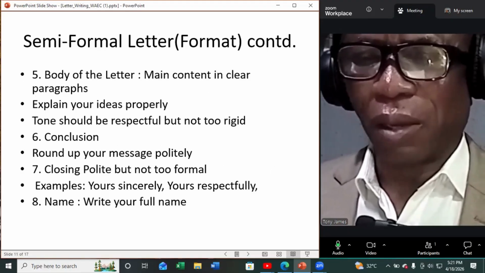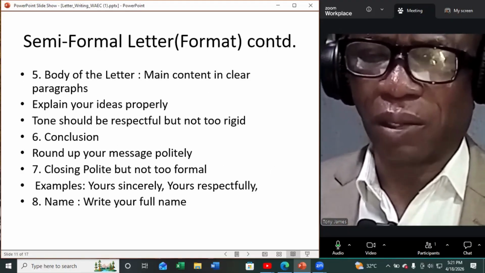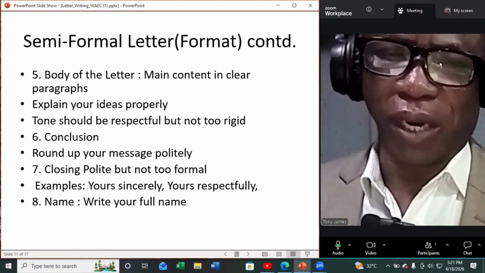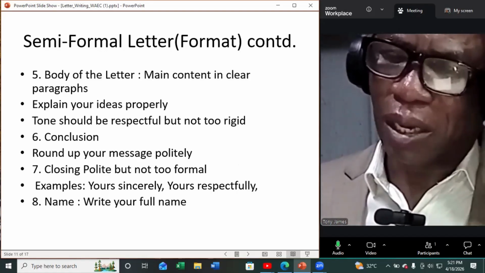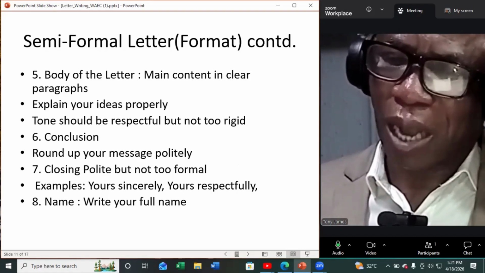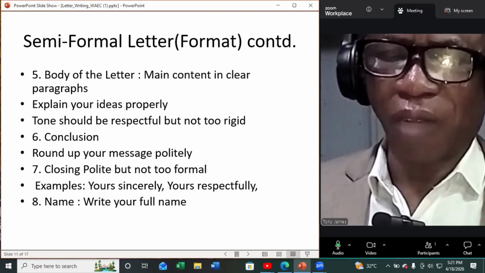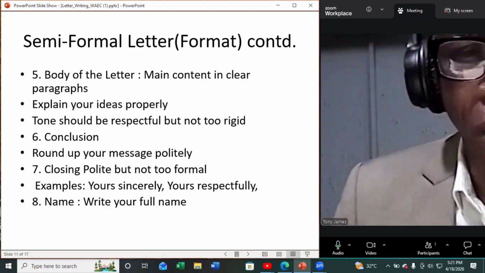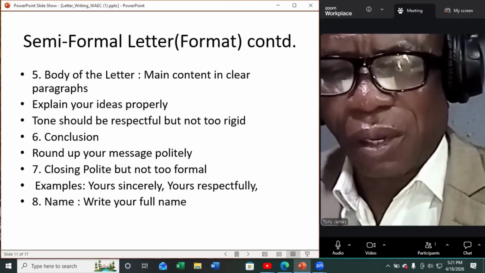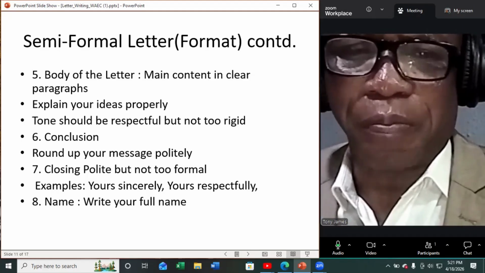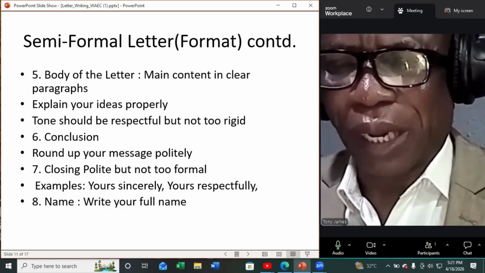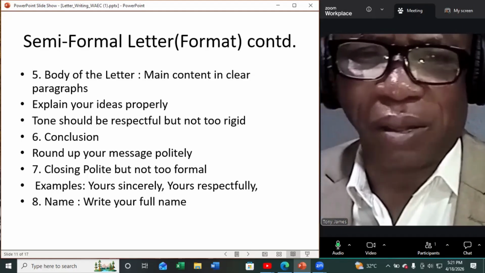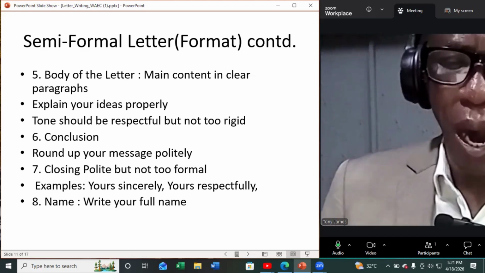More of the format of a semi-formal letter: the body of the letter. When you are writing the body, the content has to be clear and organized, in the sense that it must be in paragraphs.